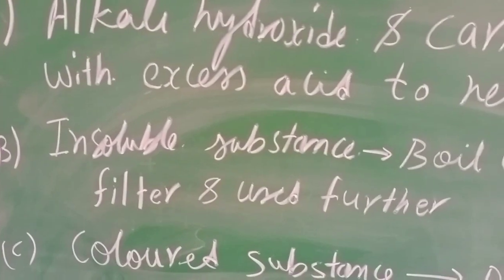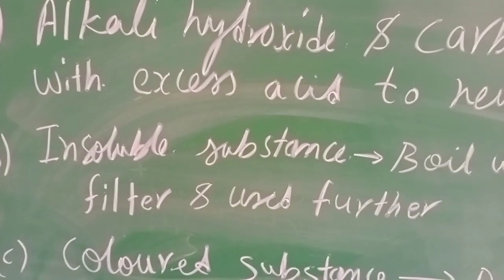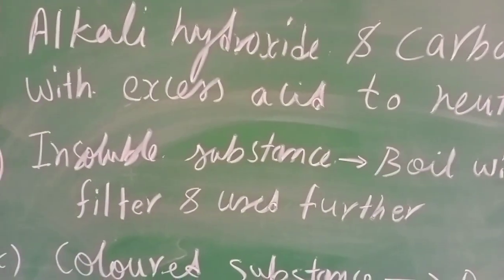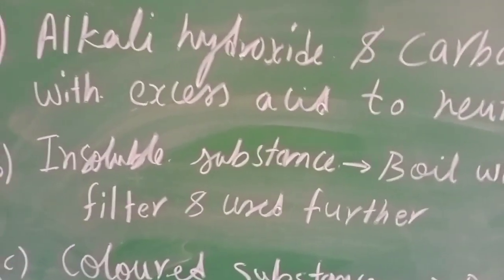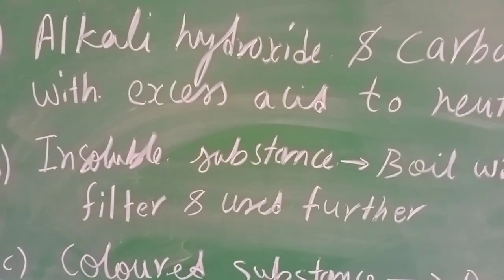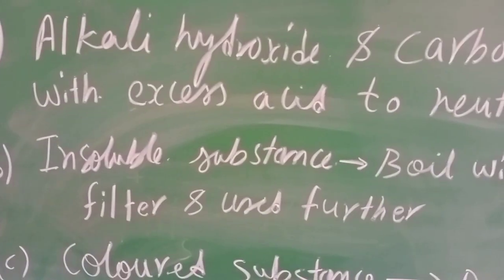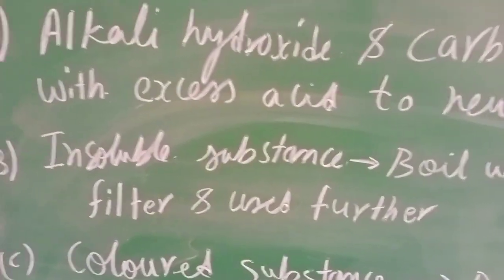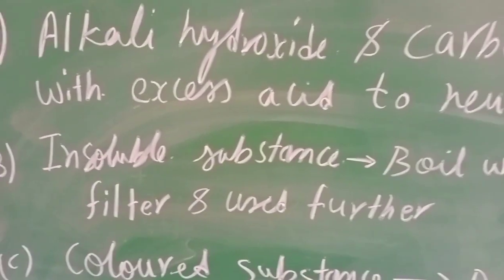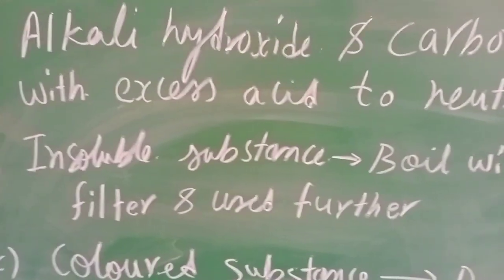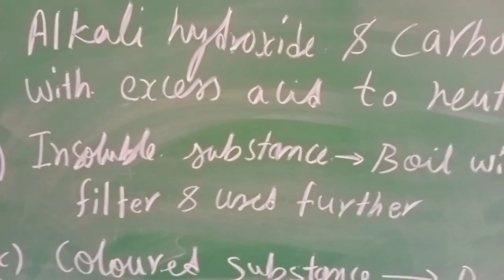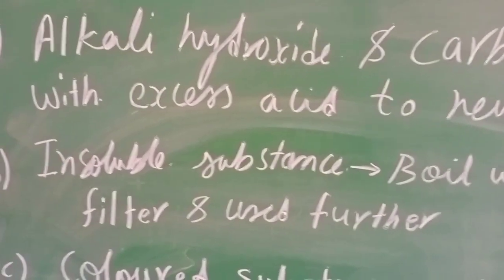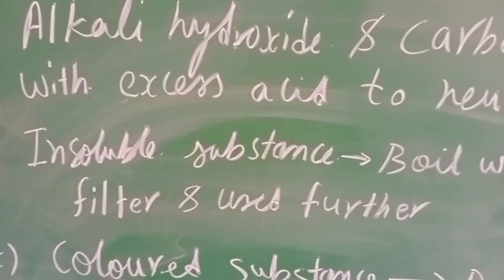In such a case, whatever opalescence or turbidity we are getting is not the true result. Because in the case of such insoluble substances, the turbidity or opalescence is produced because of their solubility problem, and not because of the final outcome of the reaction.